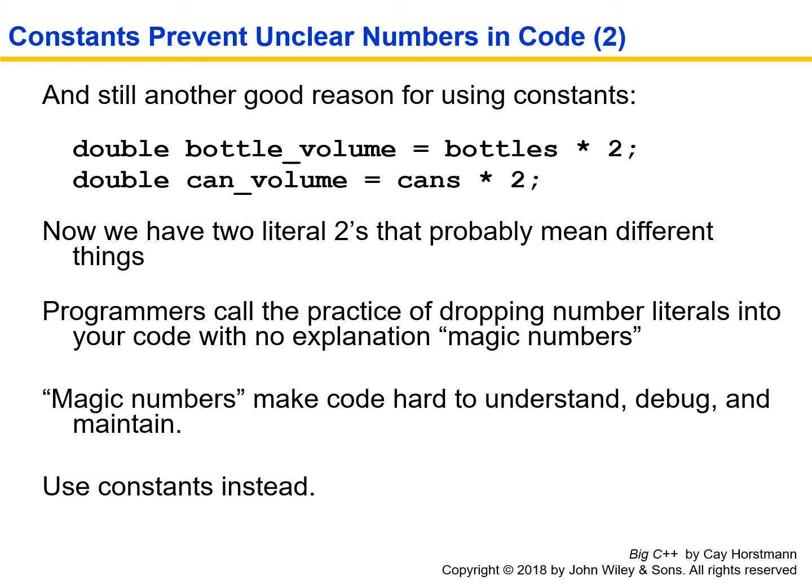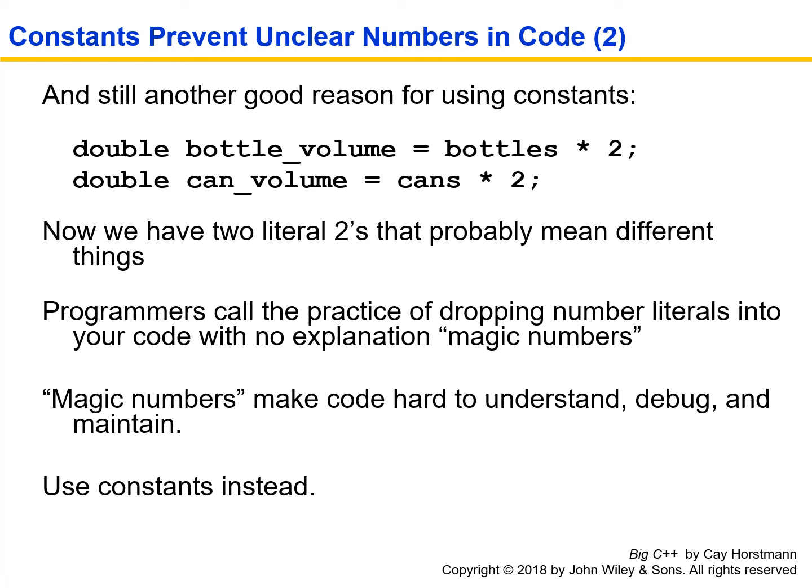Now we have the idea that these 2's may mean different things, and they're right next to each other in the code, and anybody who tries to read this segment of code is going to get very confused. Programmers call this practice of dropping number literals into your code without any kind of explanation magic numbers. Magic numbers make your code hard to understand.